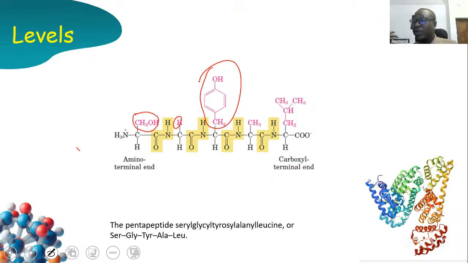When we talk about inborn errors of amino acid metabolism, I will explain the importance of this in an inborn error called phenylketonuria. We have CH3, which is alanine. We have CH2, CH, then CH3 and CH3. We have leucine.